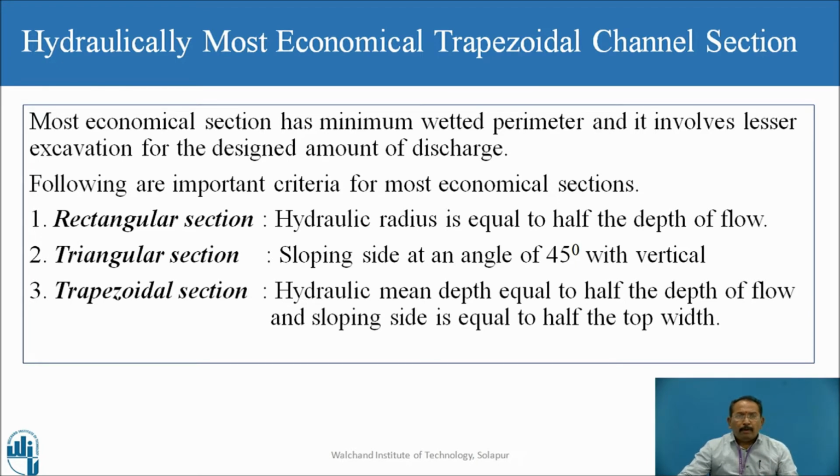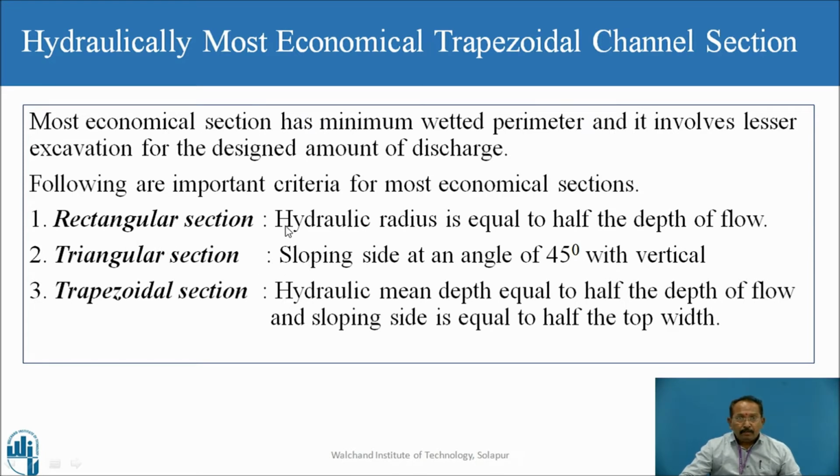Following are some important criteria for the most economical section for different sections, that is rectangular, triangular and trapezoidal. We are going to see the details of the most economical trapezoidal section in this class, but we must know when the rectangular section is hydraulically most economical.